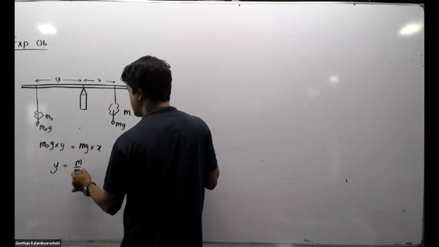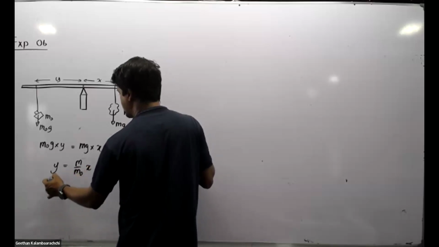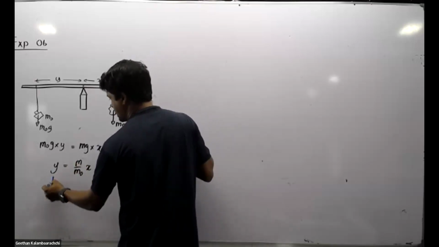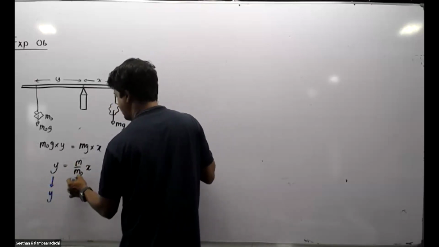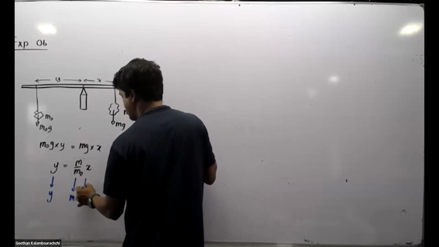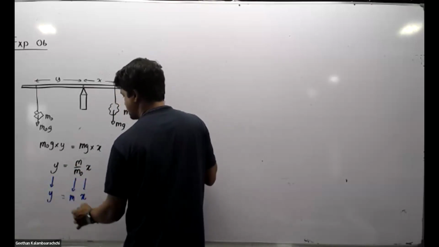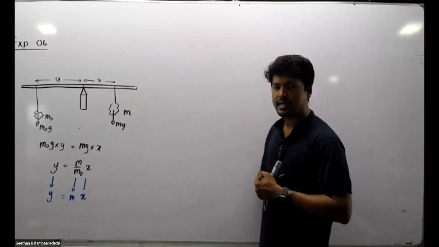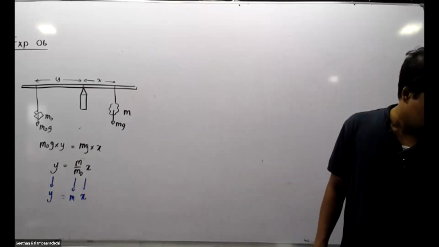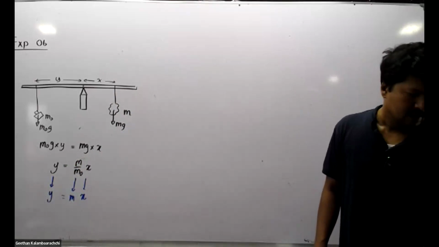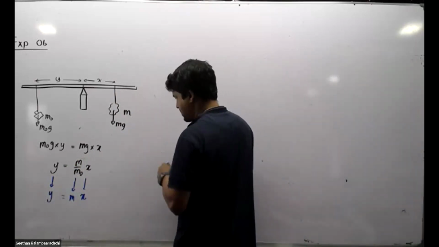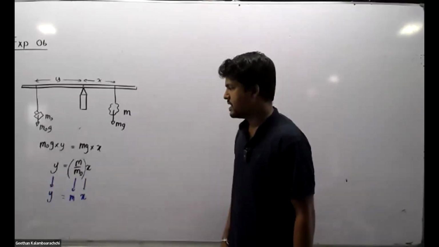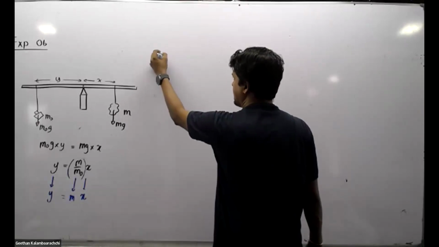Now you can change x and plot the variation of y. y equals m over m naught into x. From this you can draw a graph like this. Put x on the x axis and y on the y axis, and by finding the gradient you can find the value of m over m naught.